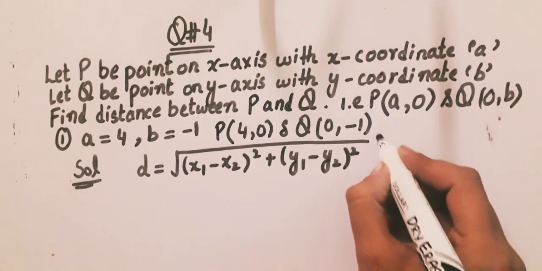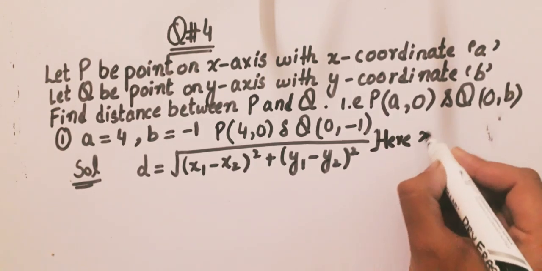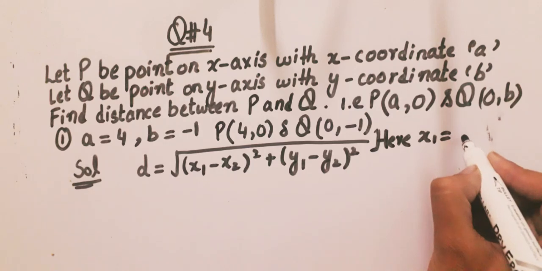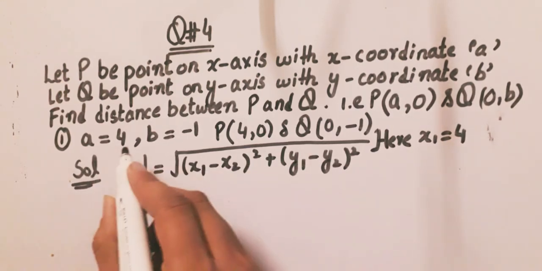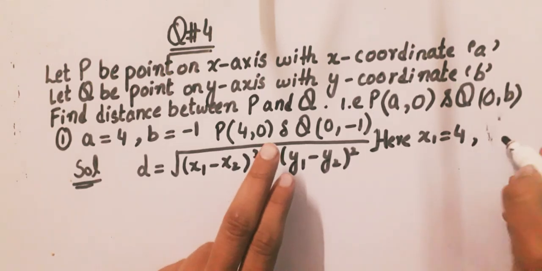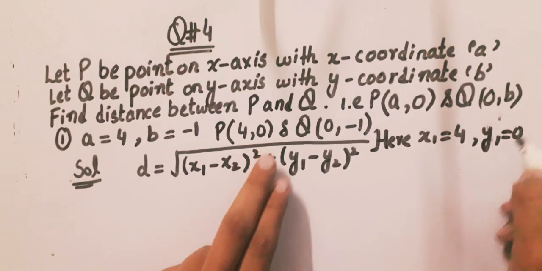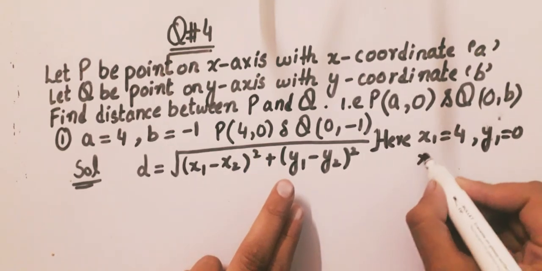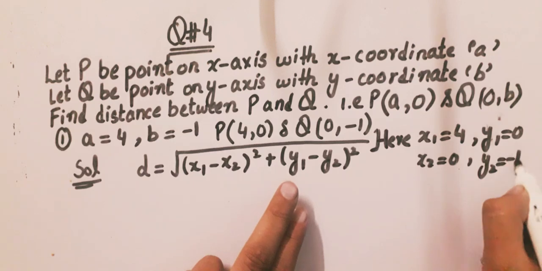Now here we have x1 is equal to a, and a is equal to 4, and y1 is equal to 0 and x2 is equal to 0 and y2 is equal to minus 1.